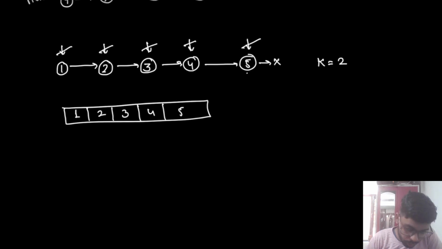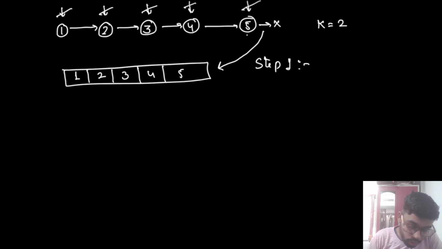Sorry, the first step will be step 1, which is the linked list to array conversion. Then step 2 will be rotation, the array rotation.